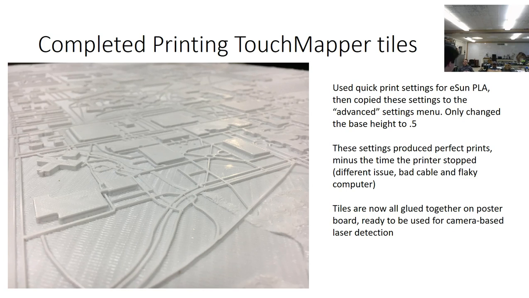That did work and printed fine, but for some reason it wasn't working now, or it was being sloppy. So we just took the time with these, and they all turned out great, except for the weird little node that popped up on the Student Center for some reason. But we were just able to use a box cutter and scrape that off.